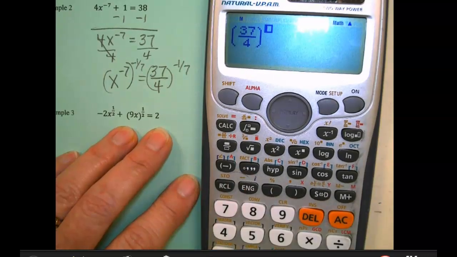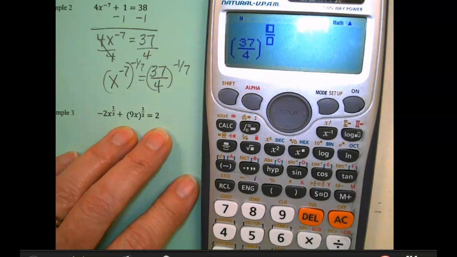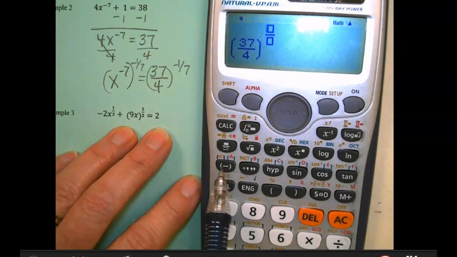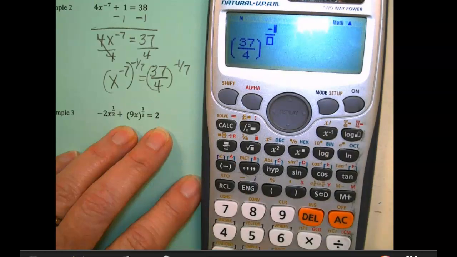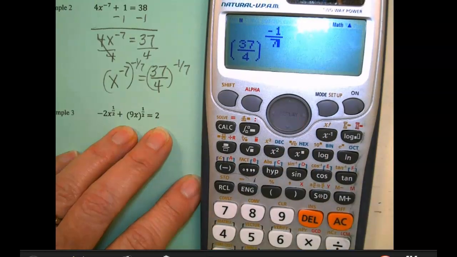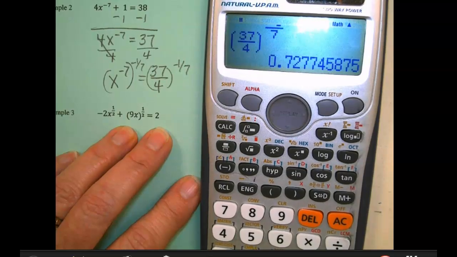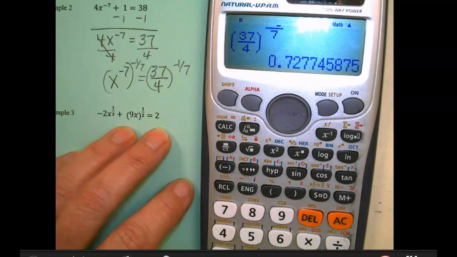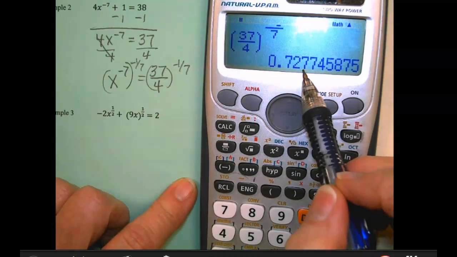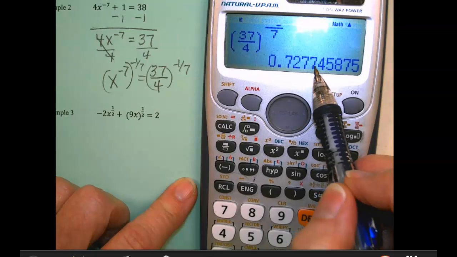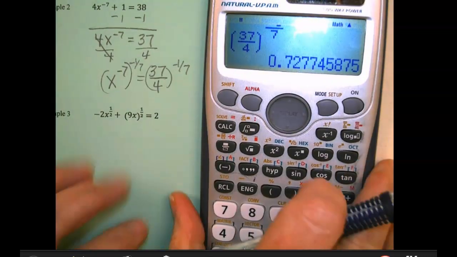And the exponent this time is also a fraction. And so the negative is right here. So I'm going to have -1/7. Does everybody see that? When I push equal, I got 0.7277. The 3rd place is a 7, and I have a 7 next, so I'm going to have 0.728.